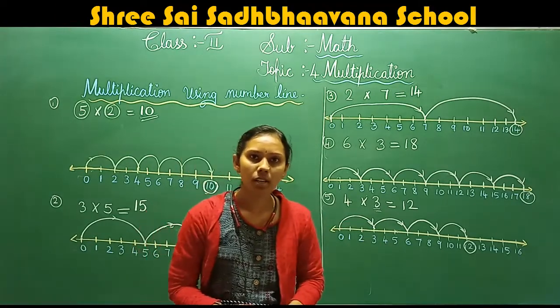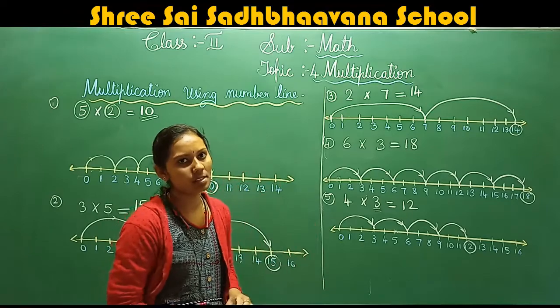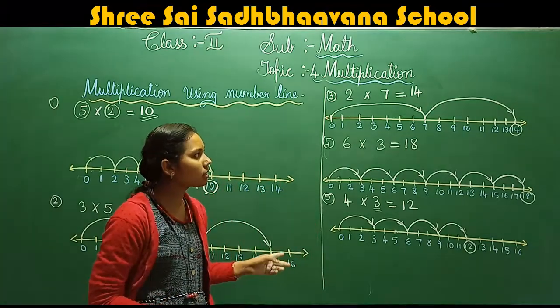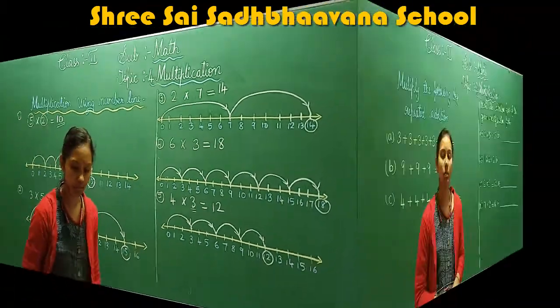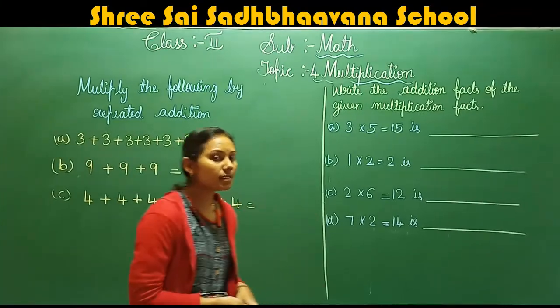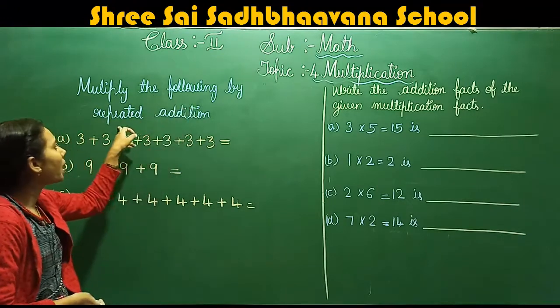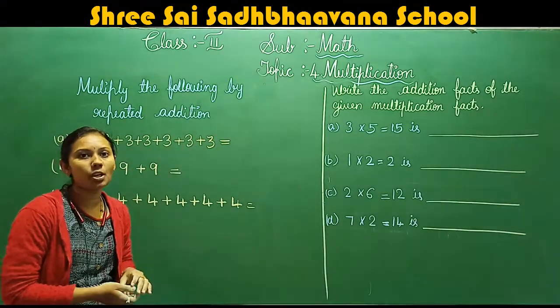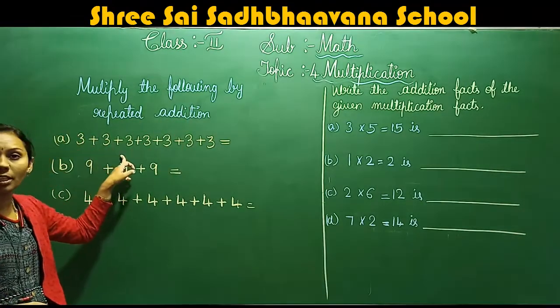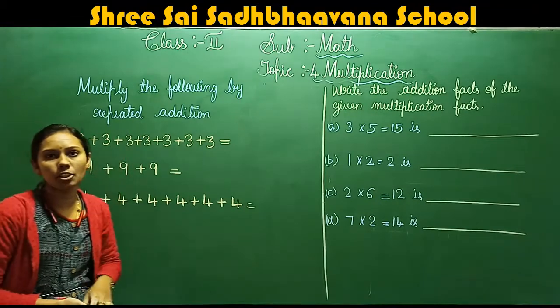Okay, children? Understood? Yes, I hope you understood this. Next, we'll go for the next main now. Yes, children, let's go for the next main, that is multiply the following by repeated addition. You have to multiply these following questions by repeated addition.